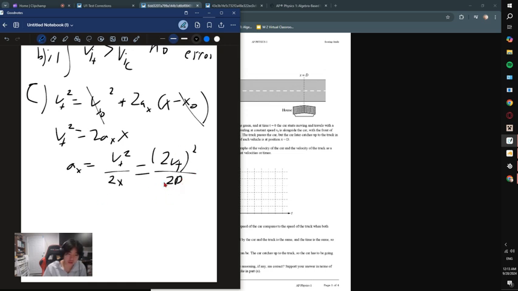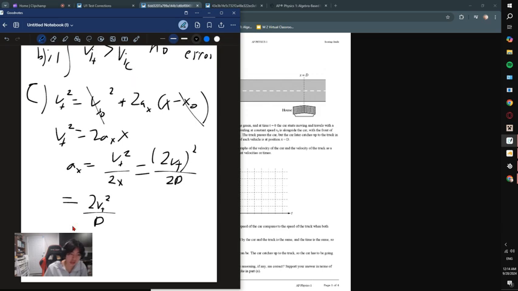And we can also simplify that further. So we just square this, and the bottom two cancels out, and then what's left on top is 2vt squared over d. That should be the correct answer for C.